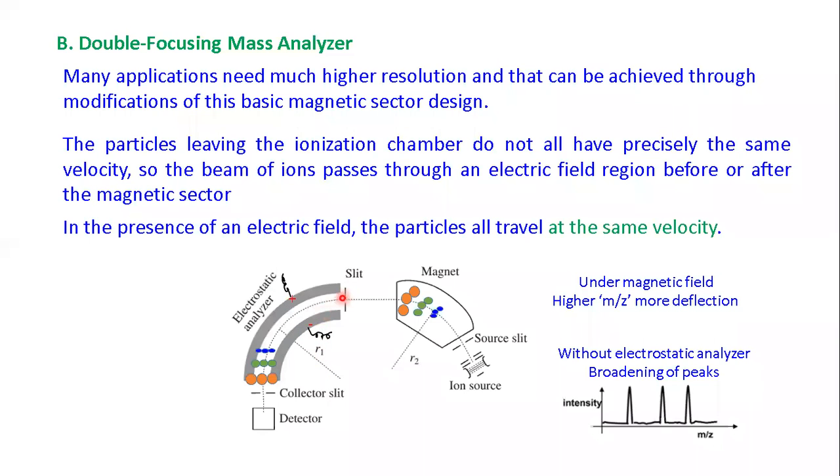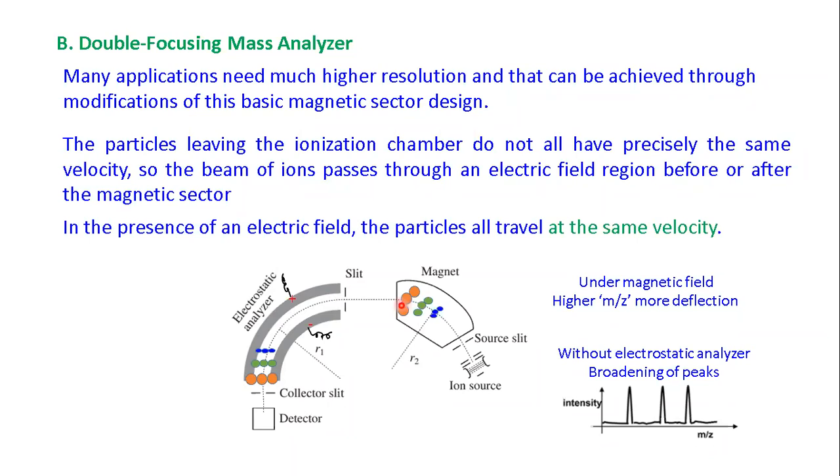When your charged particle is traveling through this channel after ejecting from the magnetic sector analyzing part, then when they enter and pass through this electric field, all of them will have the same velocity if they have the same m by z.